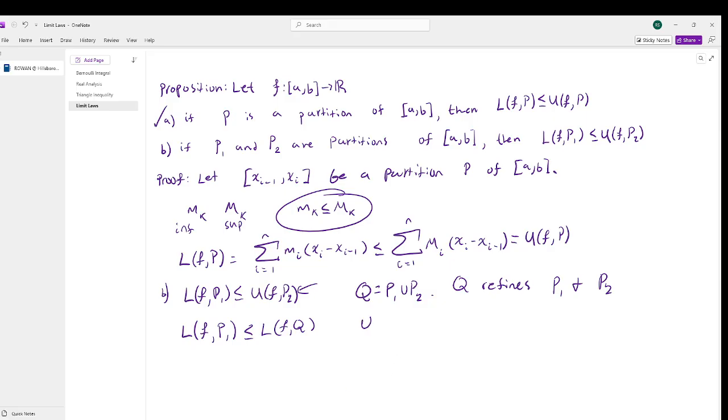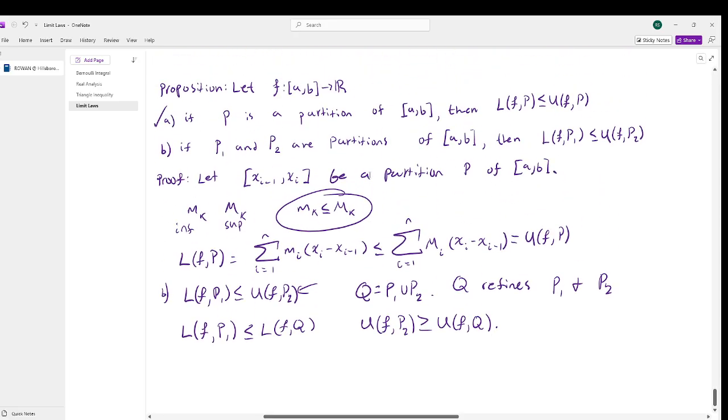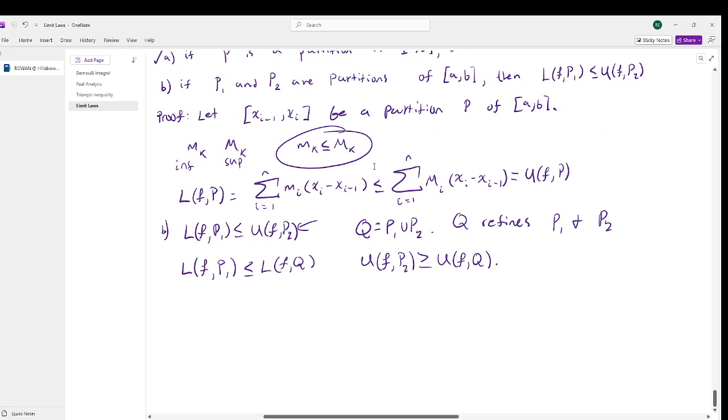And then we can say that the upper sum U(f, P2), for the partition P2, is greater than or equal to U(f, Q). Boom. With that, we've essentially almost proven this whole thing.